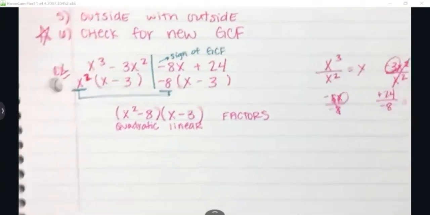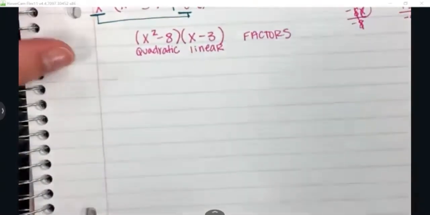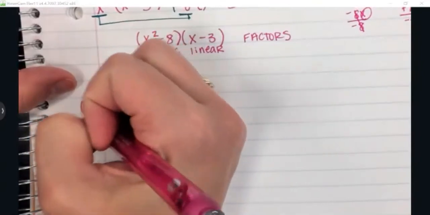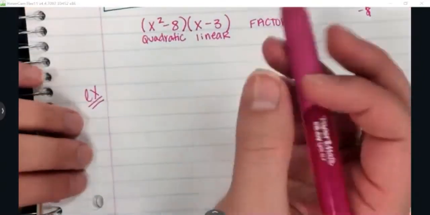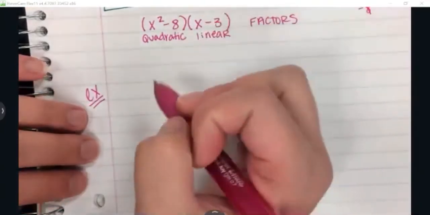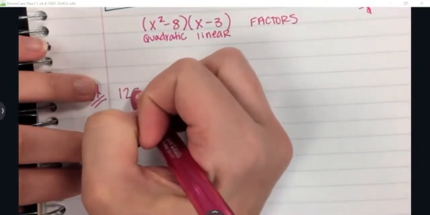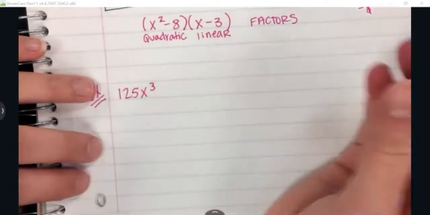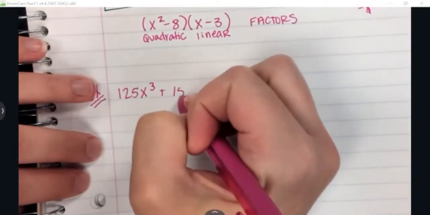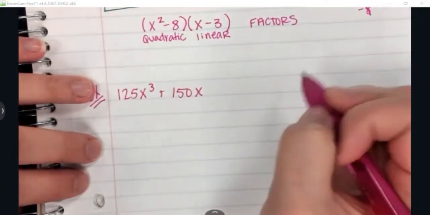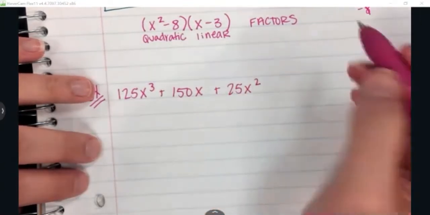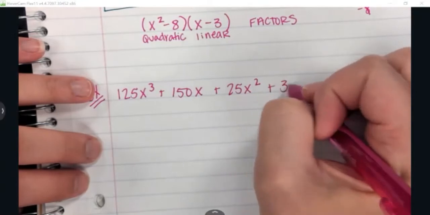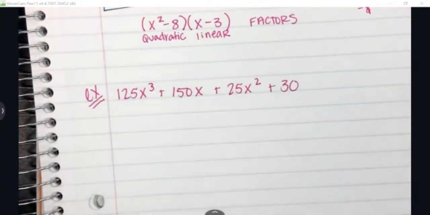Let's go try one more, a little bit harder together. This is the last example, yes, so make sure you're asking your questions. 125x cubed plus 150x plus 25x squared plus 30.